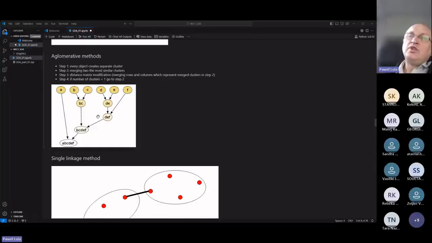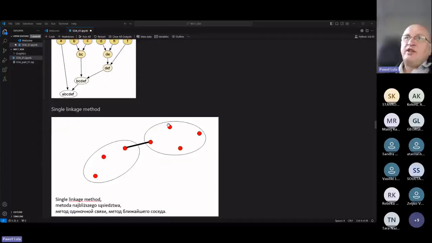In different methods, different ways of selecting clusters for merging are used. To select two clusters which we are going to merge, we should calculate similarity between them.